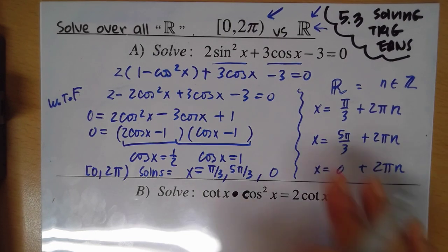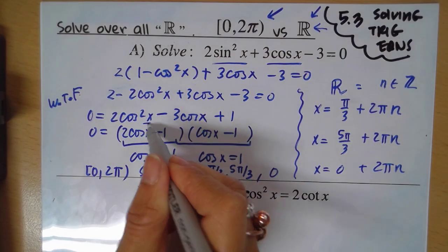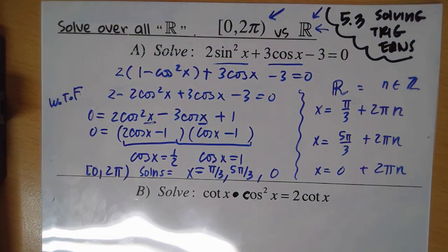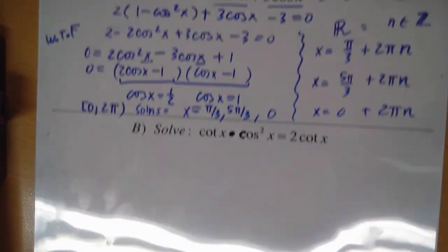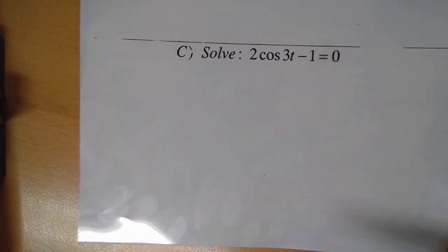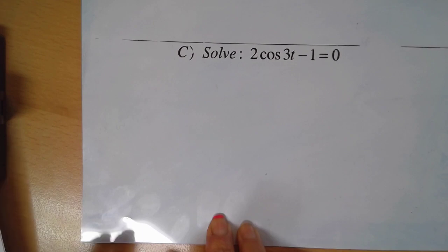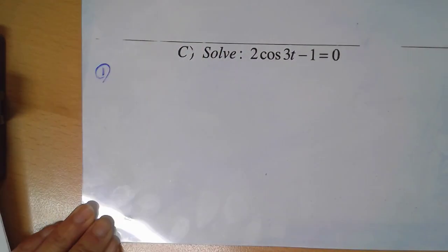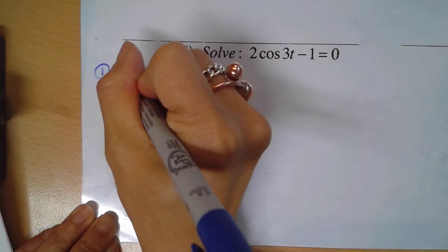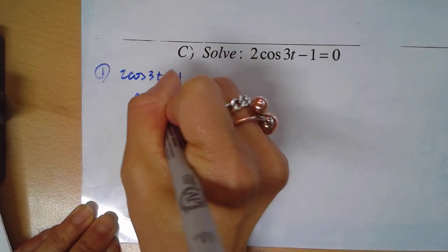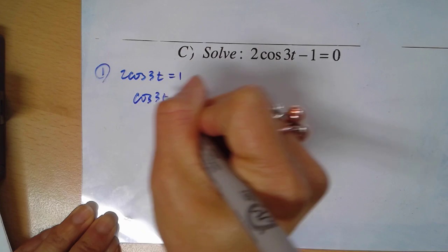Now those are easy when you have an x that's just a single x, right? That means your usual cases. Let's move on to this one right here. Solve 2 cosine 3t minus 1. It's slightly different, but the same. The first thing we're going to do is solve it like you always do. So you get 2 cosine 3t equals 1, and you get cosine 3t equals 1/2. Sorry about my handwriting.